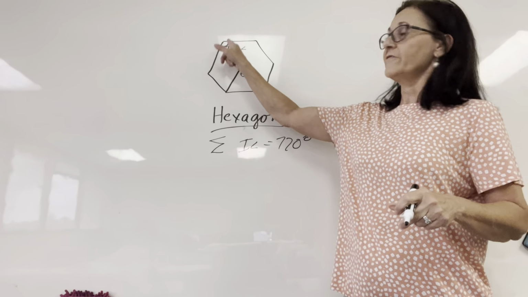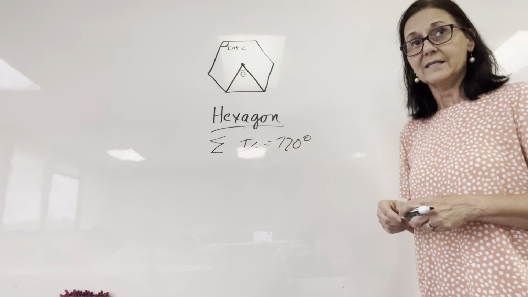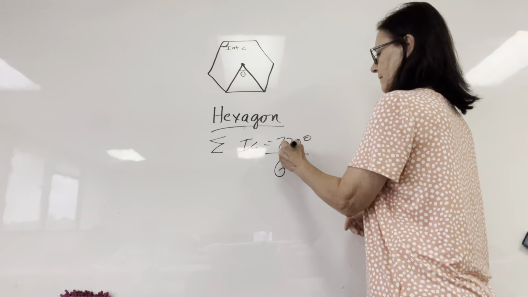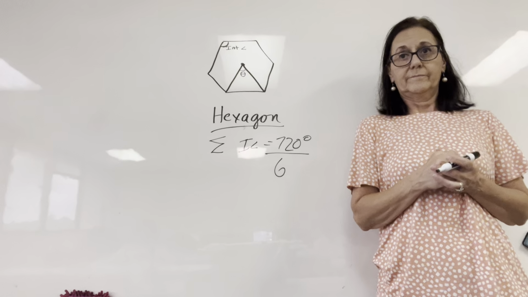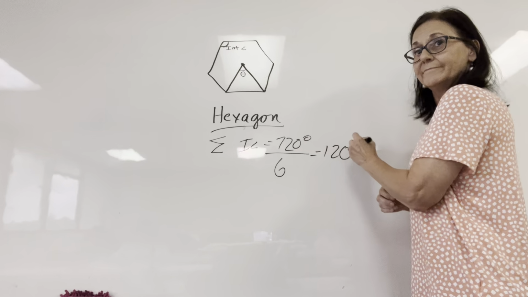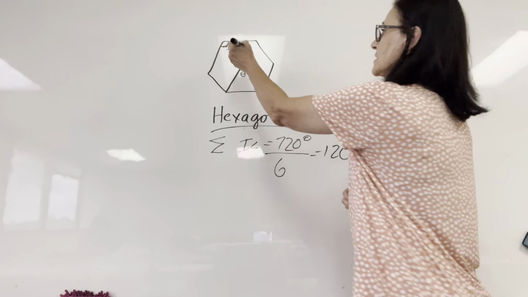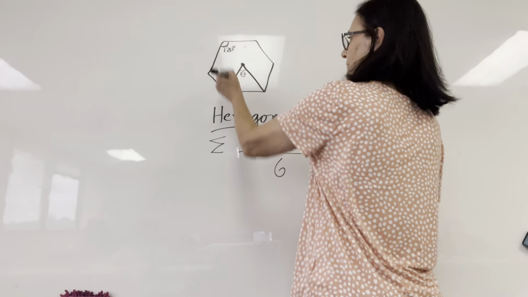So what is one of those angles then? 720 divided by 6 is 120 degrees. So this is going to be 120 degrees.